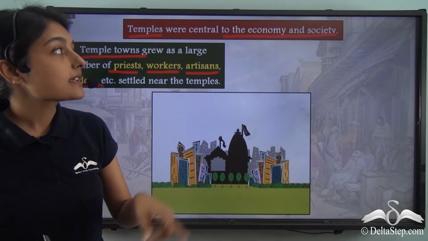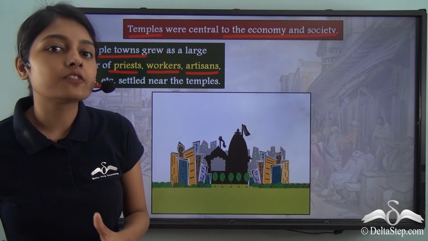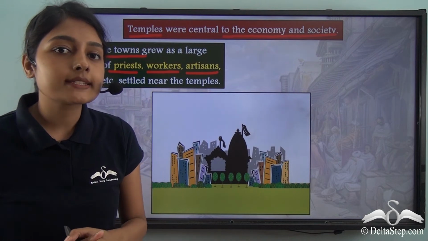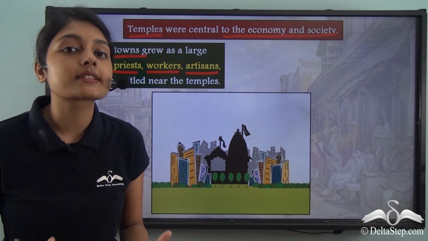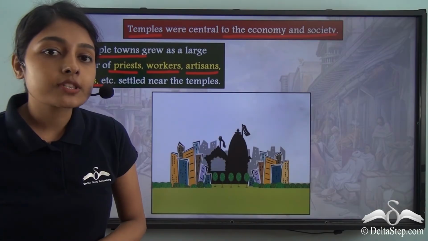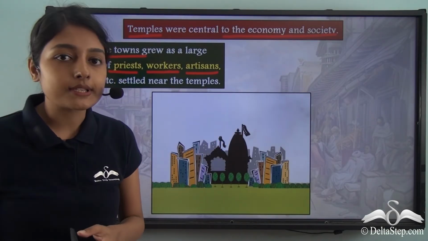Because of this, the temples were now contributing to the economy of any given kingdom or territory. Along with that, you have to keep in mind that medieval India was a place for many wealthy merchants, and it was mostly the wealthy merchants and the royalty who constructed these temples.